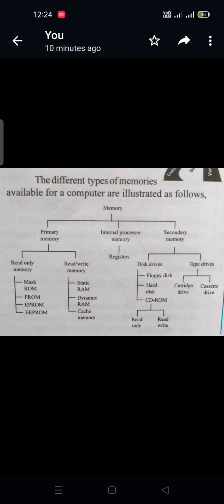Registers are considered special purpose high speed temporary memory components that are capable of storing different types of information like data, instructions, addresses, etc. They generally store the information which is currently being used by the CPU. So for the present execution of the program, the data required for that particular program will be stored in registers.